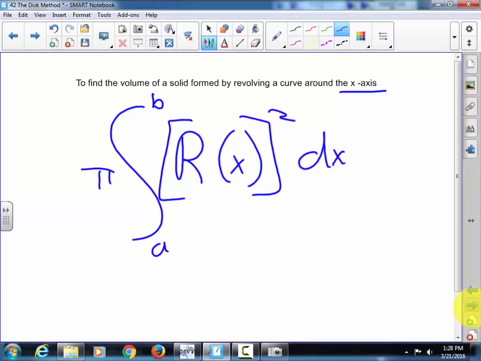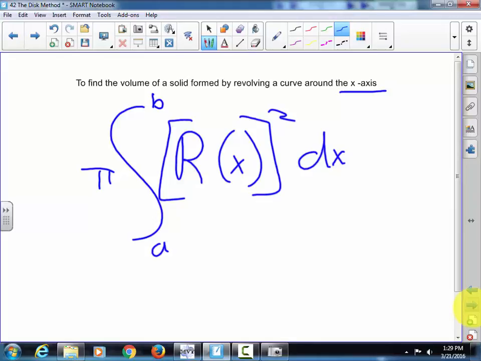Pi r squared h. If you can think of it in those terms, pi, our radius is this capital R, which is how far it is from the x-axis to that curve, which should be the function itself, squared. H is the integration component of it. Integrating the dx gets us our H in there. Now, conceptually, that's where we're at, okay?